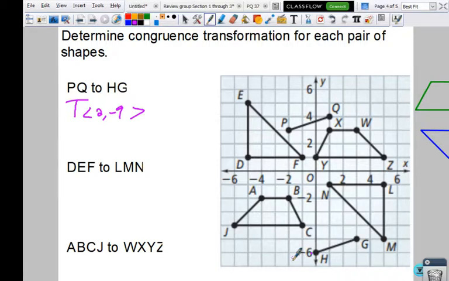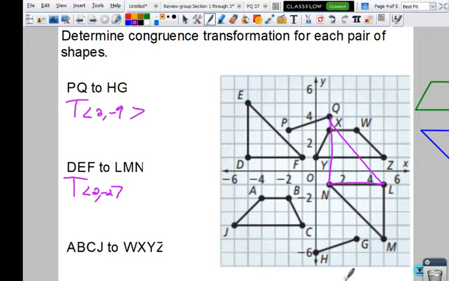Alright, not bad. Ryan, how do you go from DEF to LMN? Let me type this. Don't you go right and go down? Yep, so you're going to translate it to -2, which is going to put you about right here. Yep, and then what do you do?